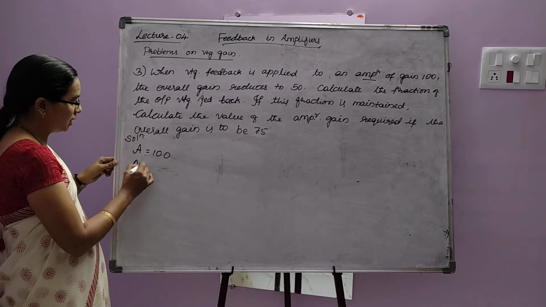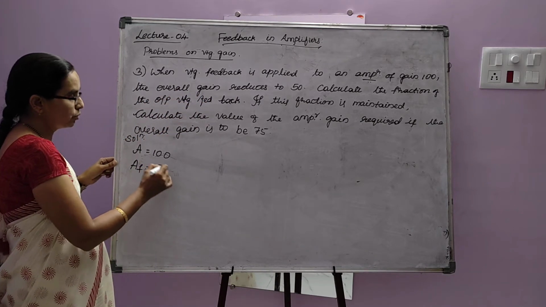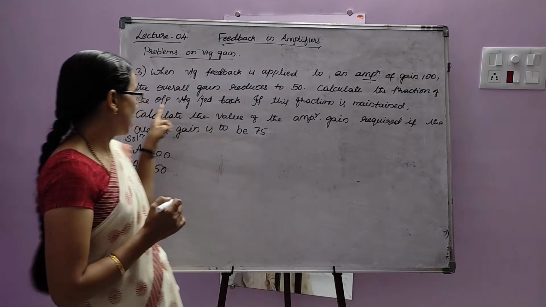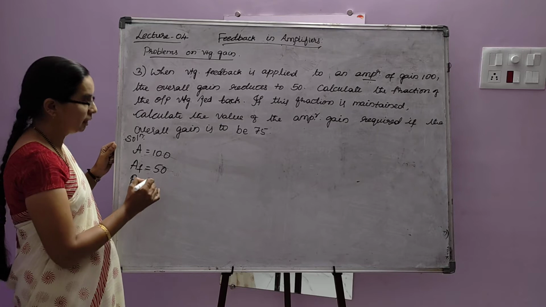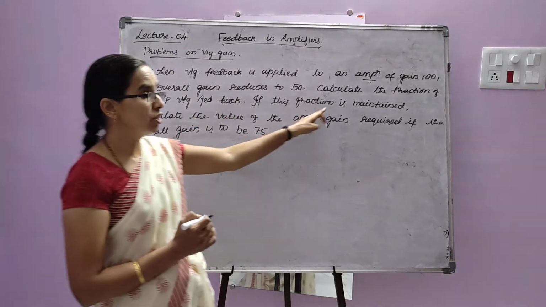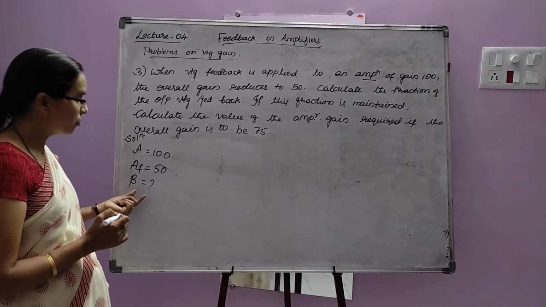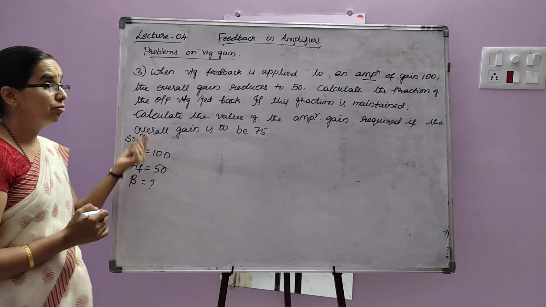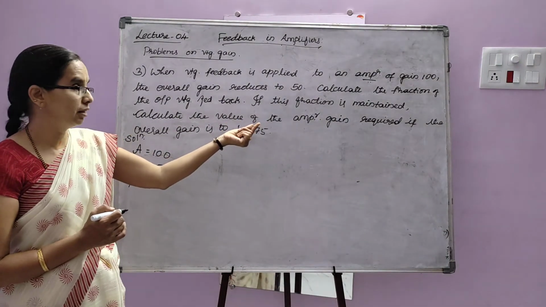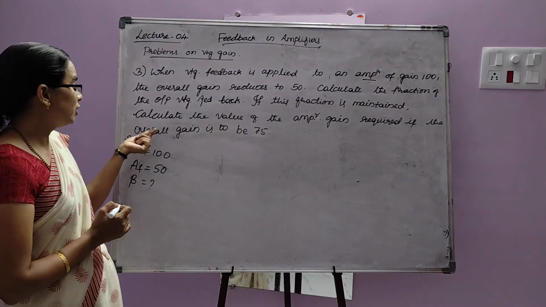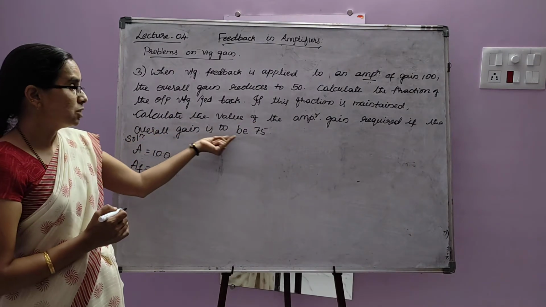That means when feedback is applied, the gain reduces to 50. Calculate the fraction of the output voltage feedback, that means we have to find beta. If this fraction is maintained, calculate the value of the amplifier gain required if the overall gain is to be 75.